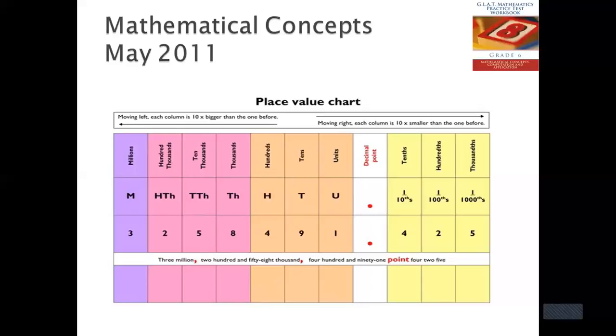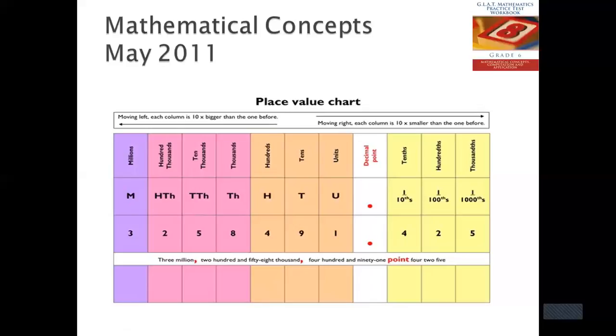So what you can do is always draw this chart, put in your decimal place, and then take your number and fill in each digit around the decimal place. That way you'll know exactly which position each digit holds.